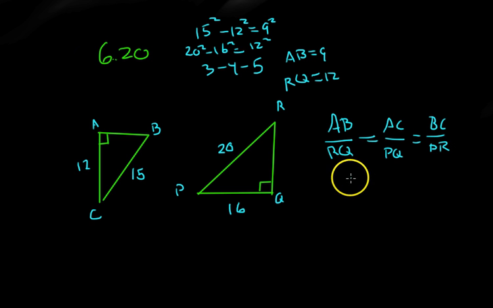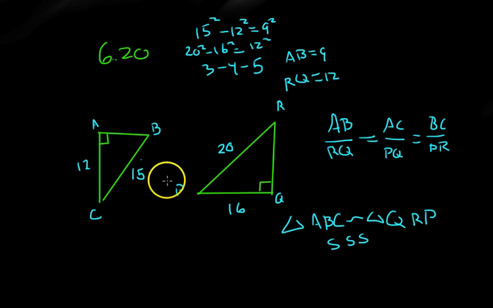You can just plug in the numbers for each side and figure out that this is true. Because of it, triangle ABC is similar to triangle QRP by side-side-side similarity, since we have all three sides proportional.